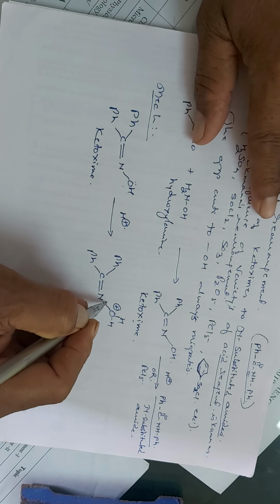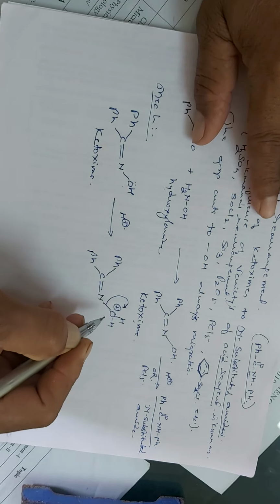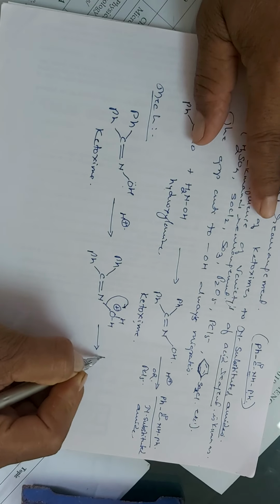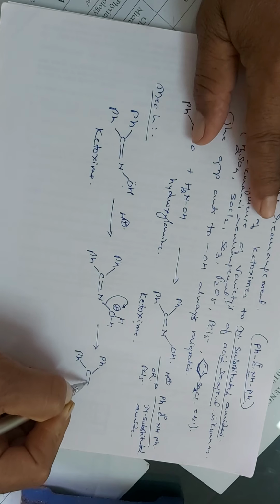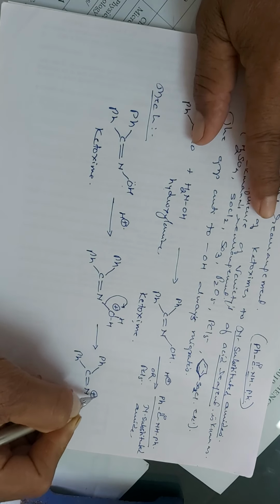And so here this bond breaks and converts it into an electron deficient nitrogen, that is PhC Ph double bond N plus.